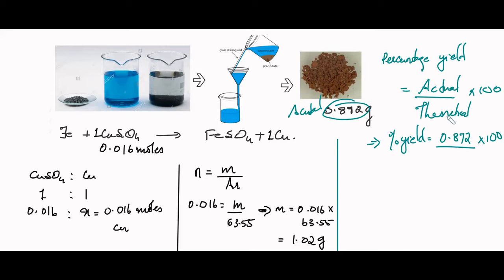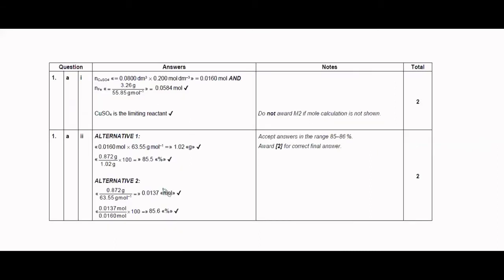That is theoretical yield. So that is going to be 1.02. So when I'm calculating this, my answer is going to be 85.5%. So this is our marking scheme.